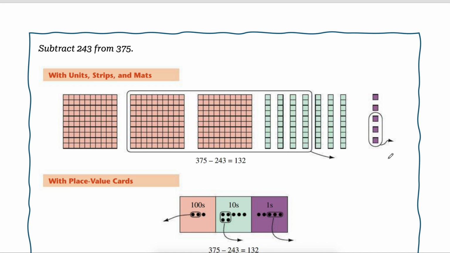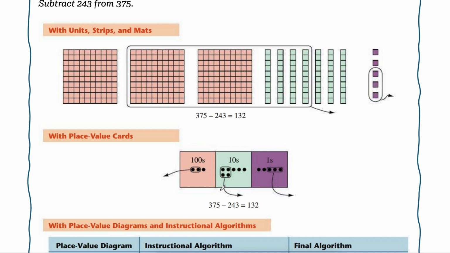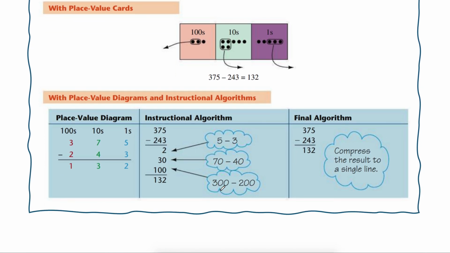Start with your manipulatives. Here I've got the units, strips, and mats. Subtracting 243 from 375. What's left over? It's that idea of taking things away now. Then the place value cards. And then again, our final algorithm. So very similar process-wise, just now we're subtracting.